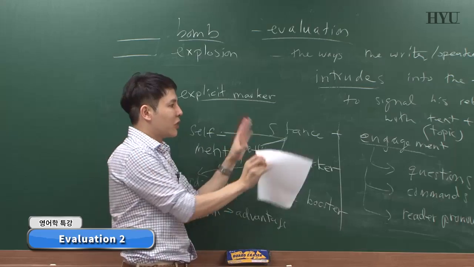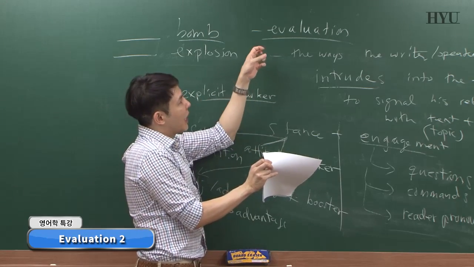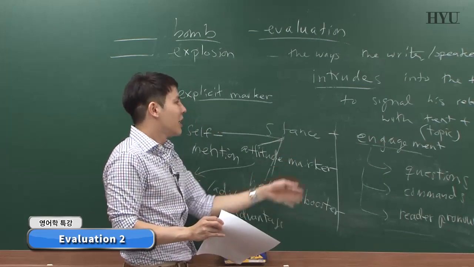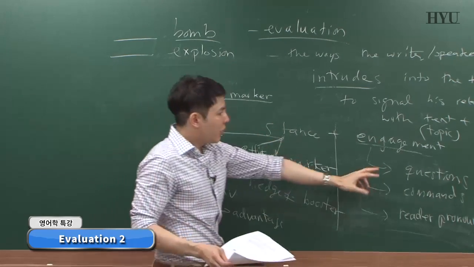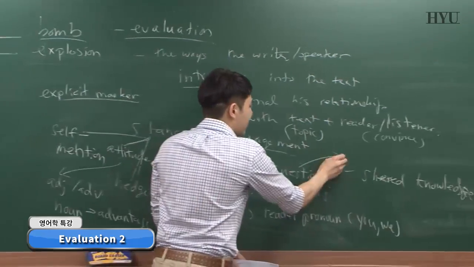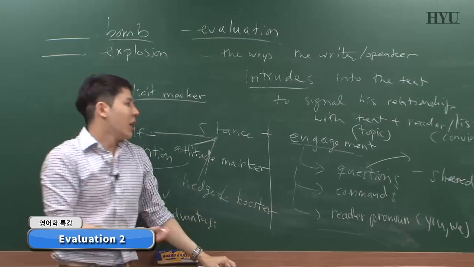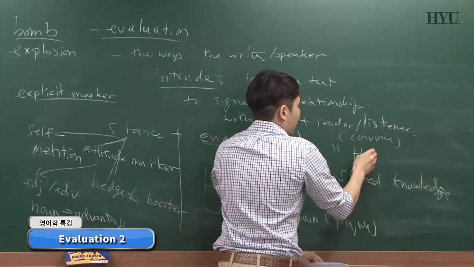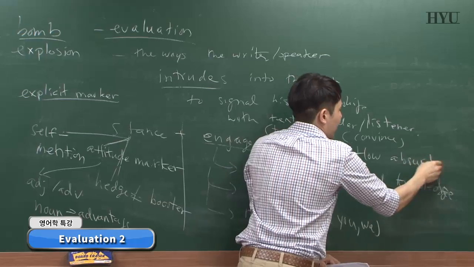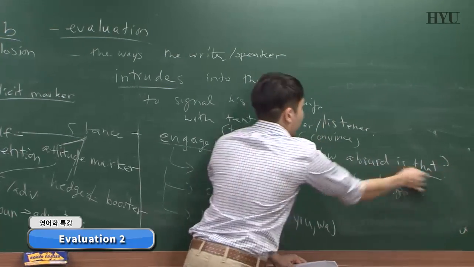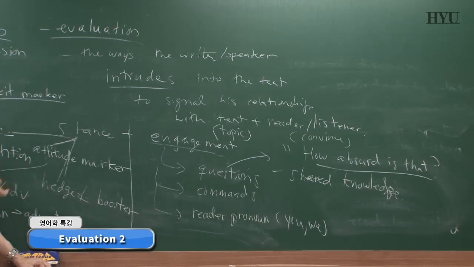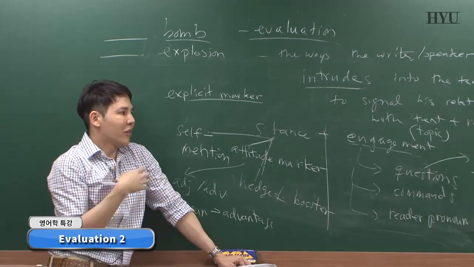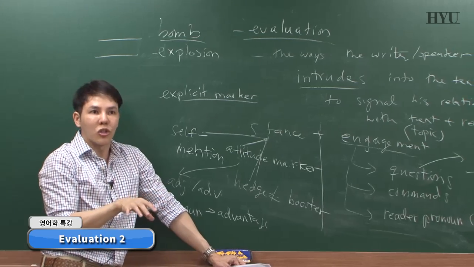It's useful to think of evaluation markers as consisting of this type and this type. But in fact, things could work both ways. Like questions, for example. Questions could work as a stance marker also. Like you guys know rhetorical questions like, oh, how absurd is that? Like this. The point of view of the writer is clear here, right? That the writer or the speaker thinks that it's stupid, it's absurd, it's ridiculous.